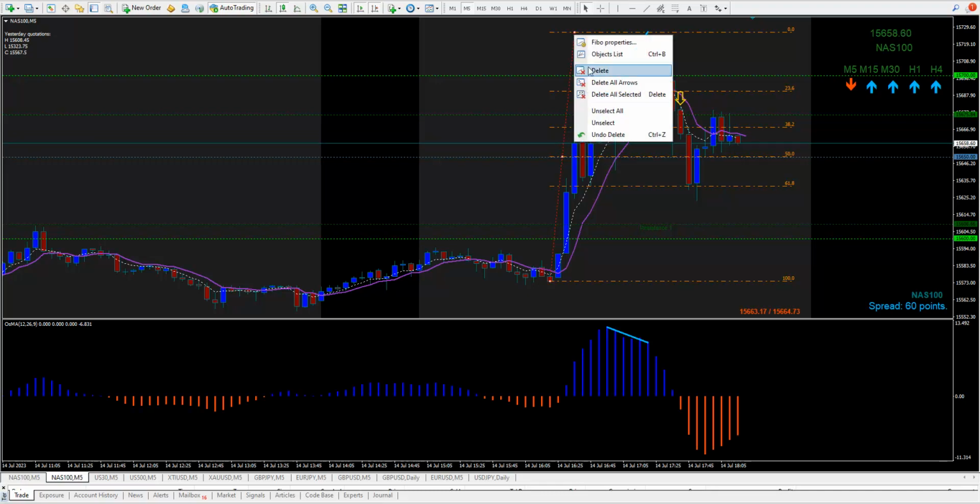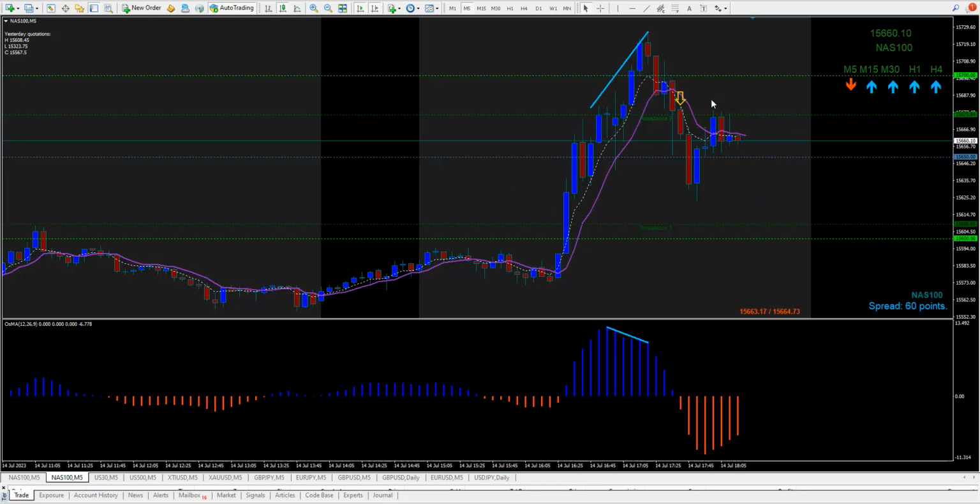Okay, let's move on. Now, if we would have got in here, the 15-minute is still bullish, and it would have said no. If you want to trade with the trend, you do not enter short here, because the 15-minute time frame is still up. And what determines these up and down arrows?